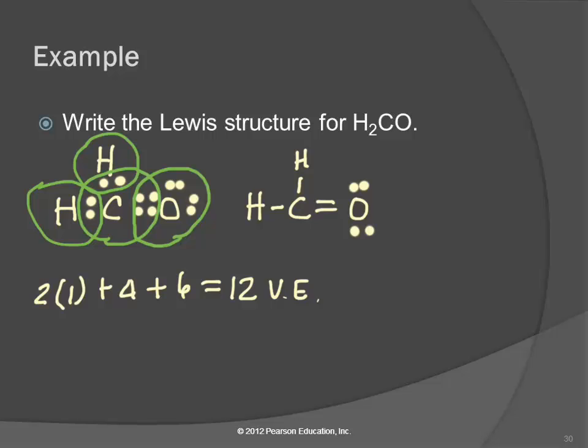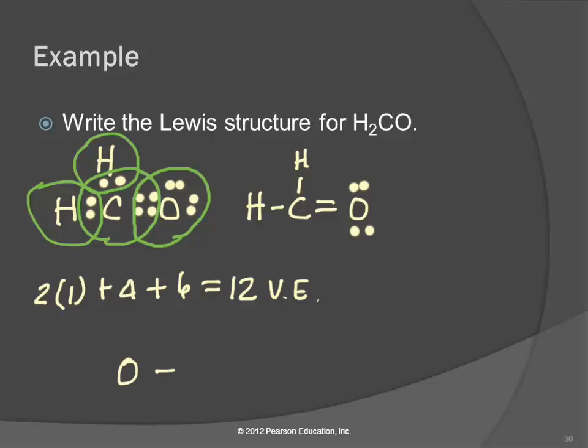Okay. What decided that it was carbon in the center instead of oxygen? That's a good question. And as I was doing that, I'm like, this is one of those things where they didn't really tell you enough. Because why not put oxygen in the middle? I mean, could we draw a diagram for that? Let's try it.